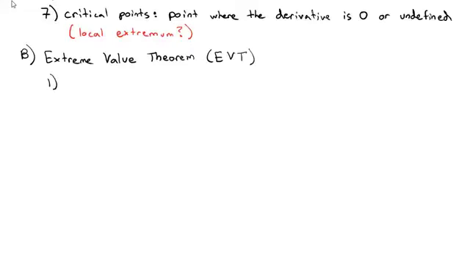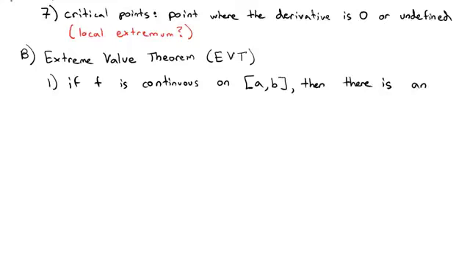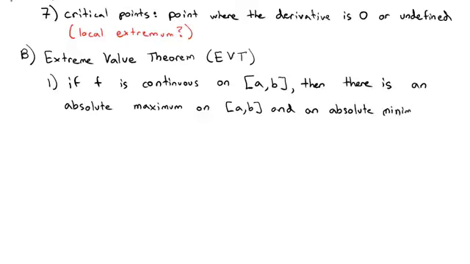Basically, the extreme value theorem states that if a function f is continuous on an interval between a and b, then there is an absolute maximum on [a, b] and an absolute minimum on [a, b].